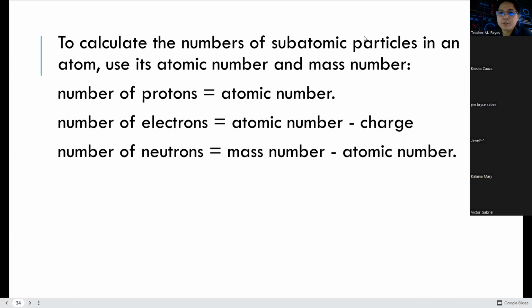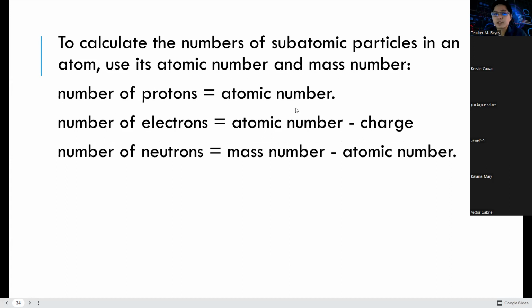To calculate the numbers of atomic particles in an atom, use the atomic number and mass number. The number of protons is the atomic number itself. The number of electrons is equal to the atomic number minus the charge, whether negative or positive.